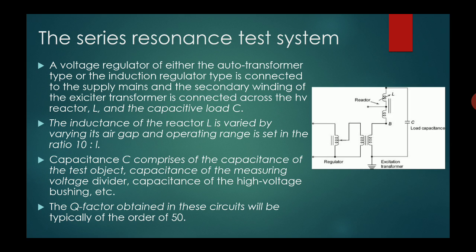Here we get resonance by changing the value of the inductor or reactor by changing the air gap. Once resonance is formed, the Q factor can be adjusted to a range of 50. So essentially 50 times less input will be required for testing.